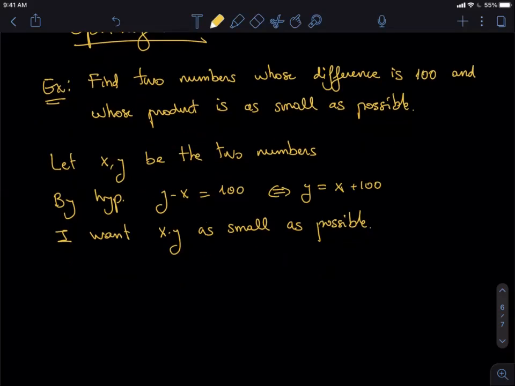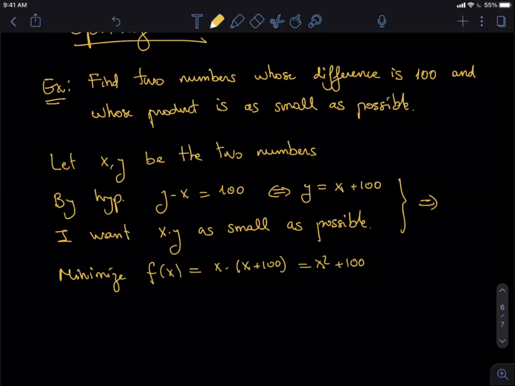So then I can combine the two things and say, I want to minimize the function f of x equals x times x plus 100, that is x squared plus 100x. And then this is very easy because I only need to take the derivative, 2x plus 100, make it equal to 0, and then I find that x needs to be negative 50.